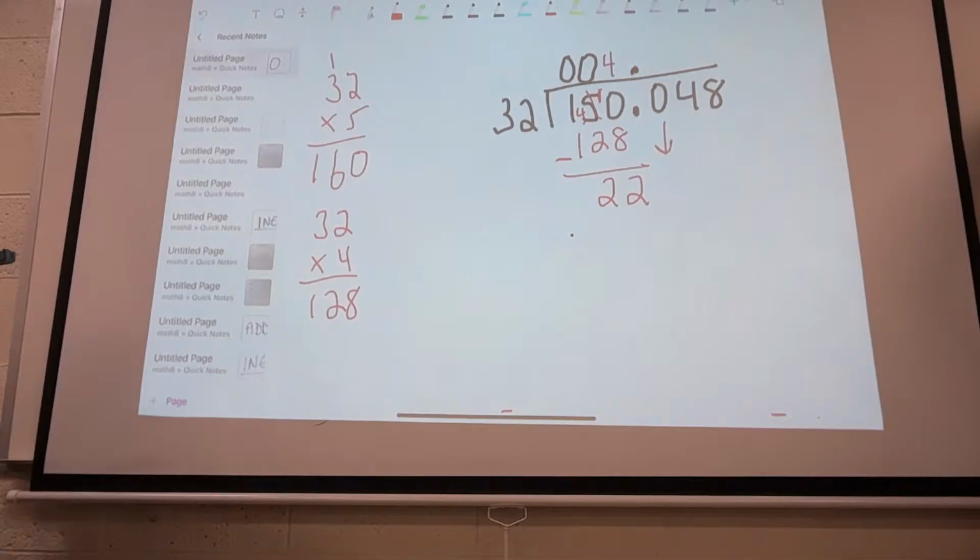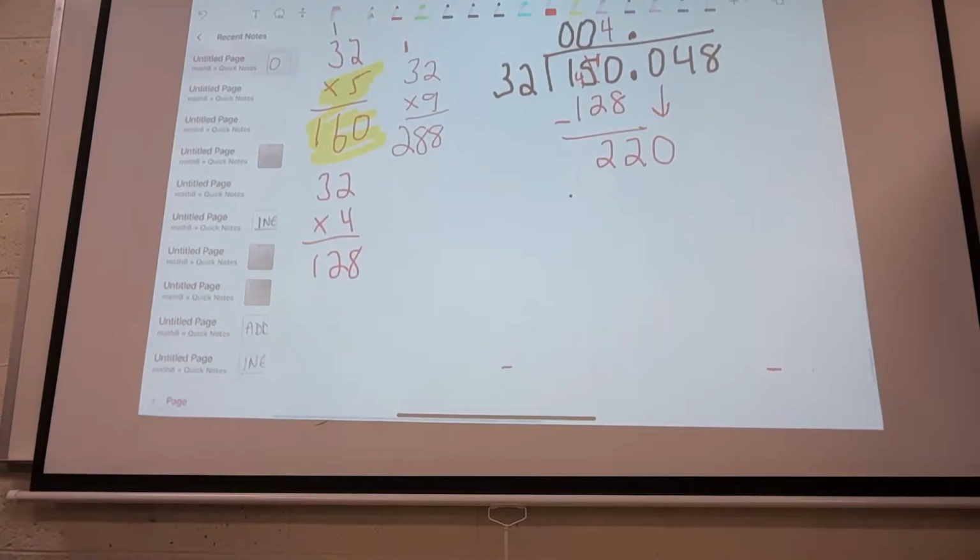Bring down the 0. So how many times can 32 go into 220? Well, we know it's more than 5, right? 5 is 160. Try 9. 18. Carry the 1, 20. 288. So that's too big. So it's between 5 and 9.